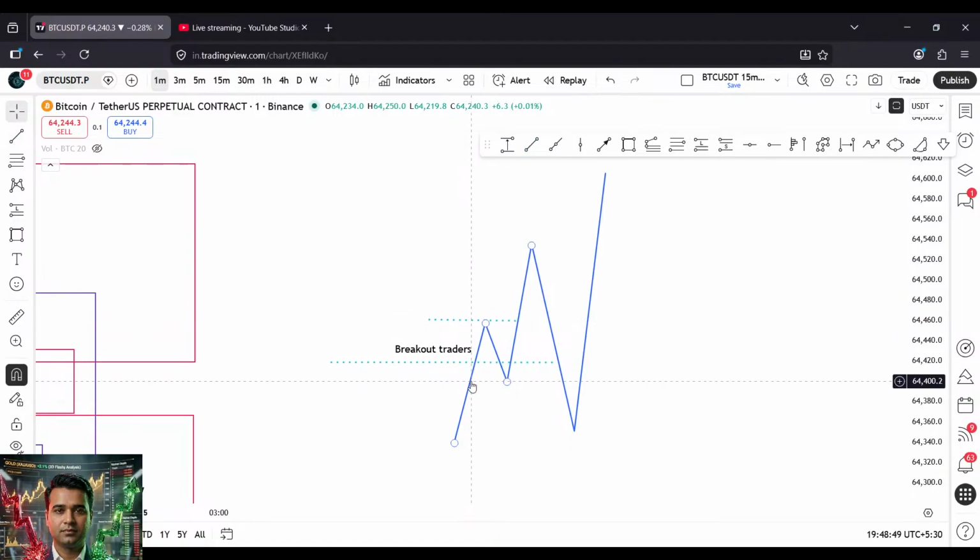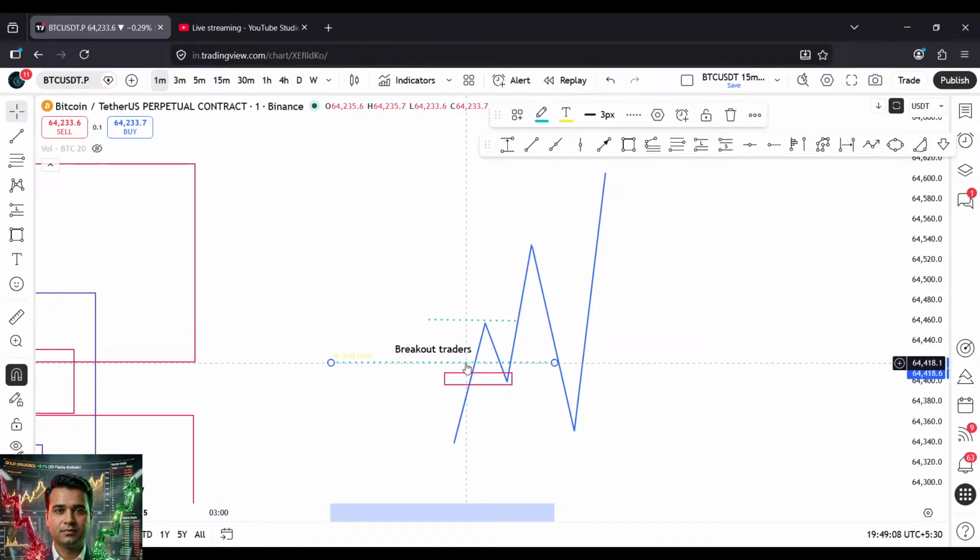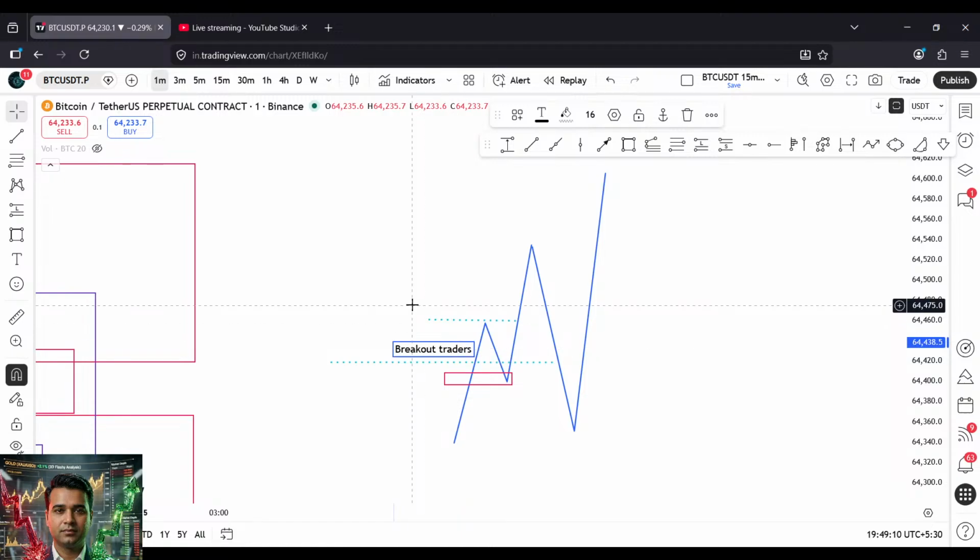So who enters here? Some will be pullback traders. They will enter somewhere in the zone here, below the breakout level. So they entered here. And when price came down below this resistance, breakout traders have been trapped.